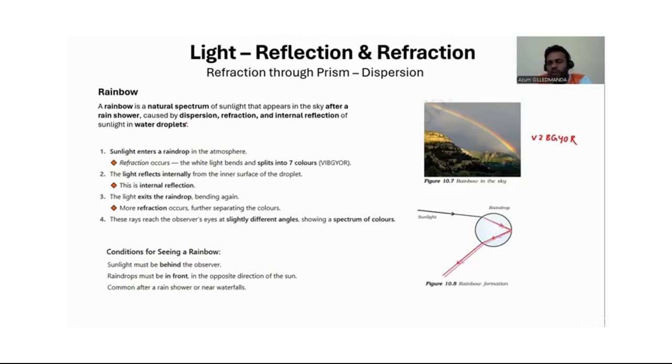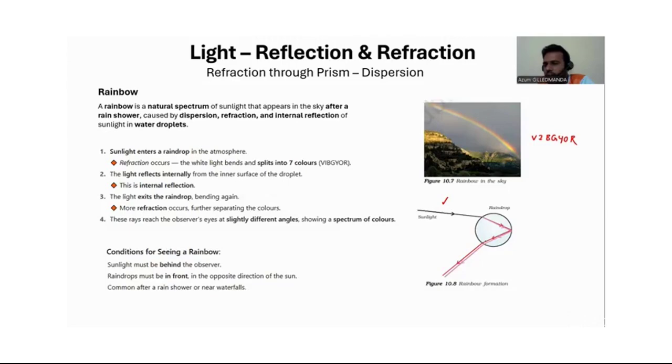then comes out. If you see in the bottom diagram here, the sunlight is entering this raindrop, and at the first surface, it is dispersing into those VIBGYOR colors. And when it hits the other surface of the water droplet, it is completely reflecting back.